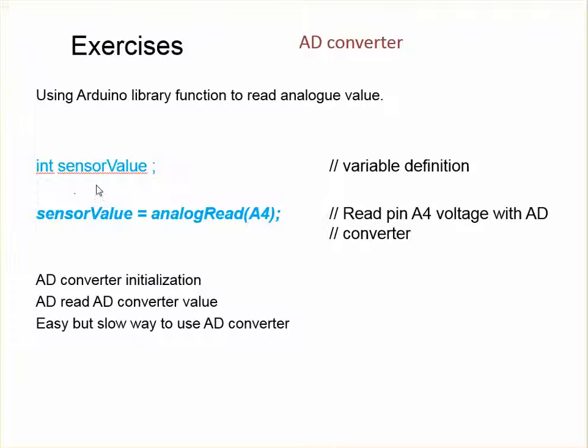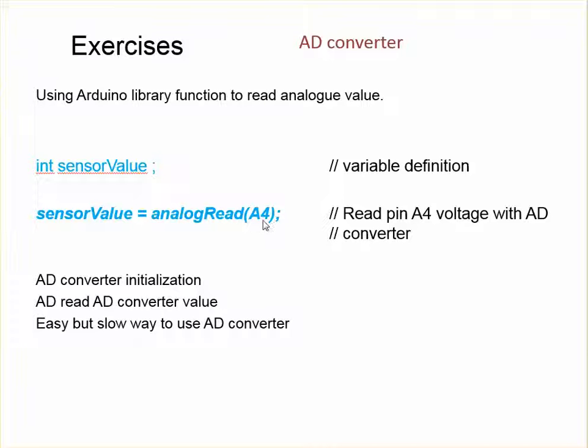In this example, we first defined a variable sensor value, and here's the library function analog read. This means that it will read an analog signal from the A4 input pin.